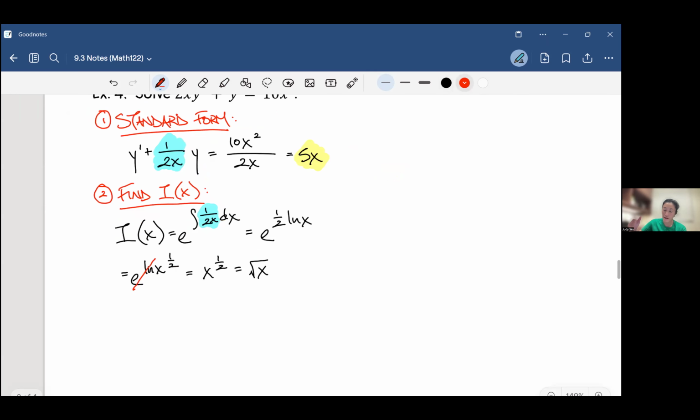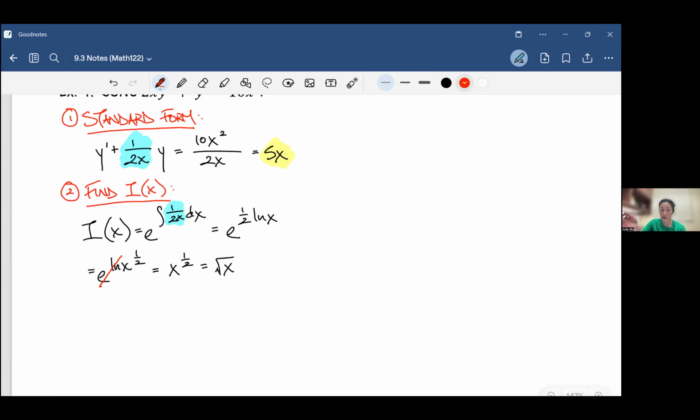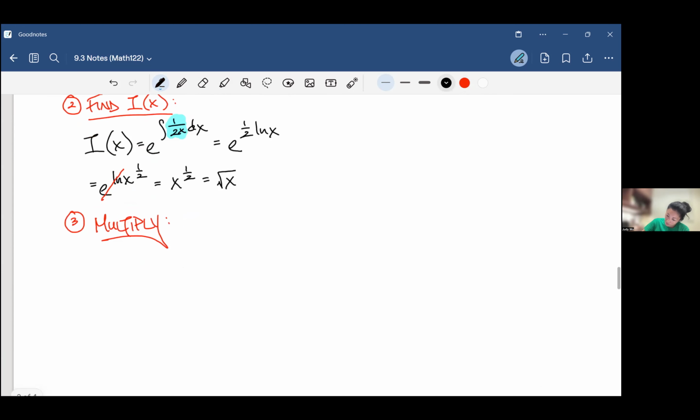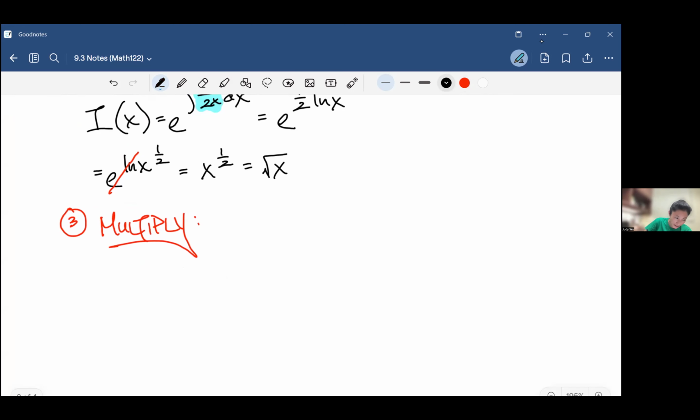So we've got our equation in standard form. We found our integrating factor. Step 3, we get to multiply everything by this integrating factor. Okay, so I'm taking my integrating factor and I'm multiplying it by the standard form of my differential equation.